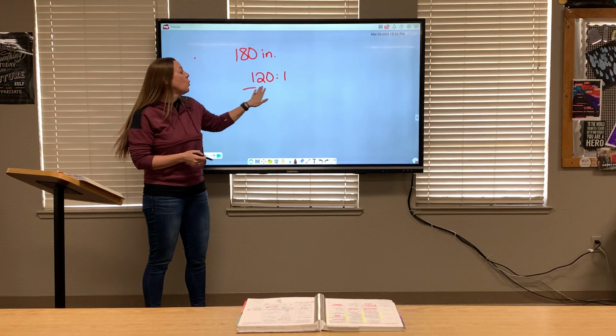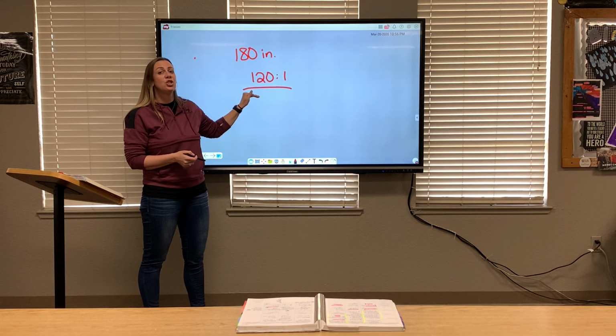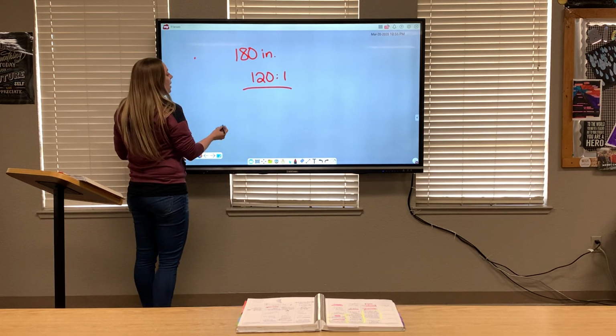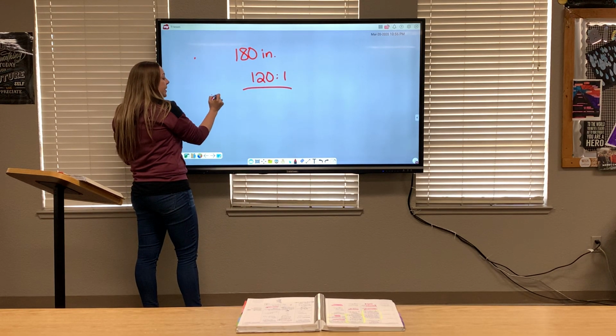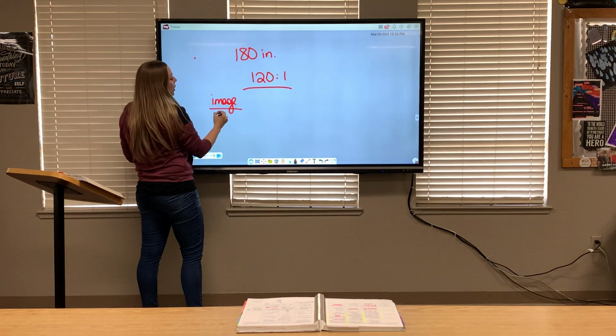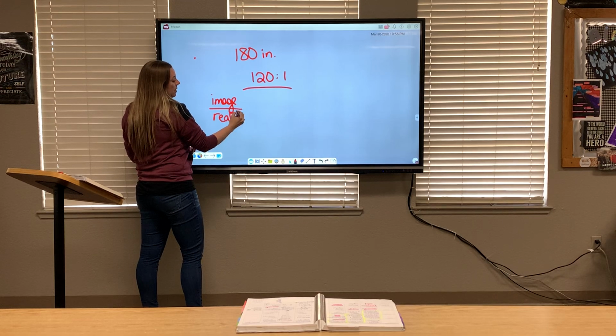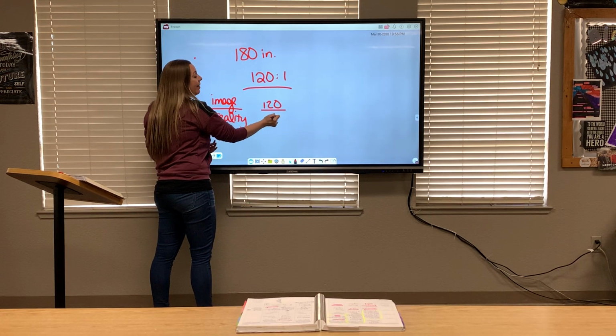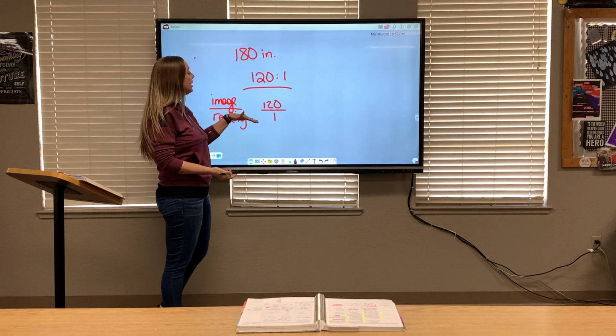This scale of 120 to 1 means 120 inches in reality is 1 inch, okay? So if we say the image or the false thing over reality, that's what we're gonna do. So our image here is the 120, the reality is 1. So we'd go 120 to 1.